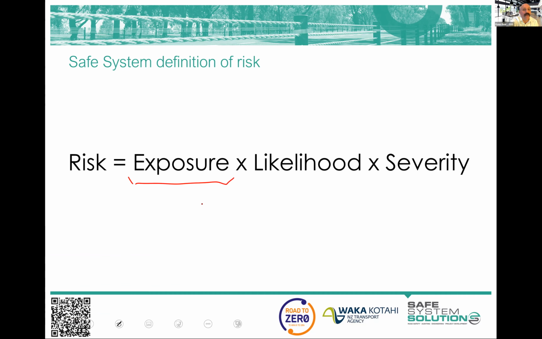Usually it would be those two making up the likelihood of crash. But exposure, likelihood, and severity. And I think when you start doing assessments, which we're getting to very shortly, you'll see why that was extracted out as its own entity. But it does then make a challenge for us to categorize things.